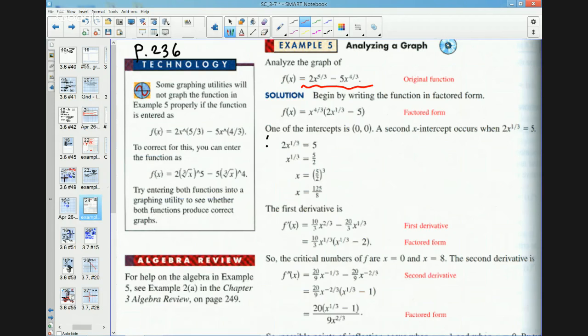Notice what they suggest doing is, let's do some factoring first. So in this line, do you see they've factored out an x to the 4/3? Because 4/3 plus 1/3 is 5/3 for that first term. Why? Because remember, when you multiply two numbers with the same base, you keep the base and you add the exponents.